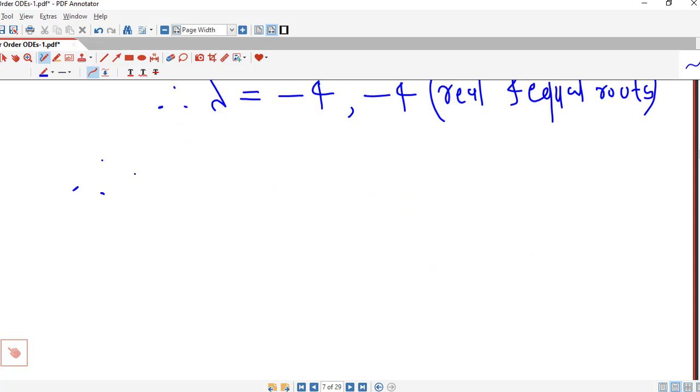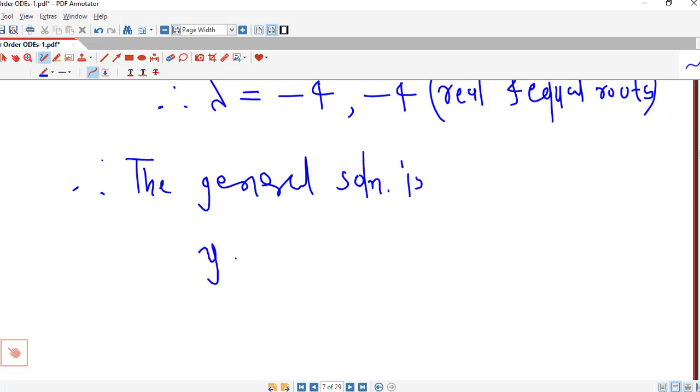So therefore the general solution is y equal to c1 e raised to lambda x, lambda 1 is minus 4, lambda 2 is also minus 4, c2 e raised to minus 4x.